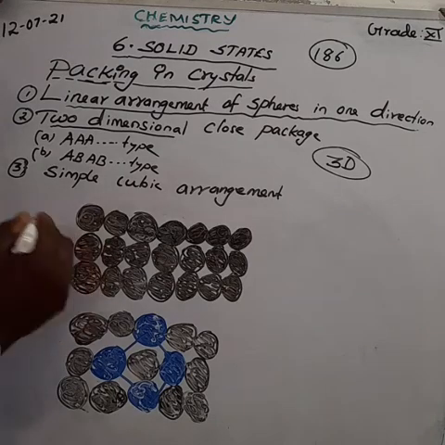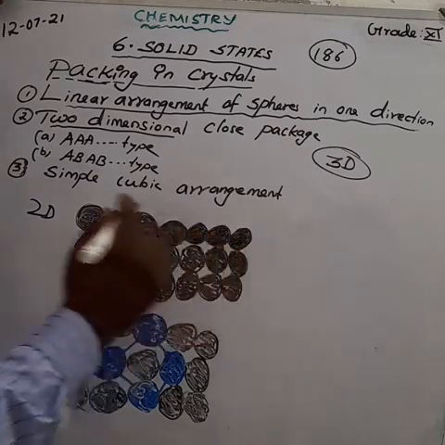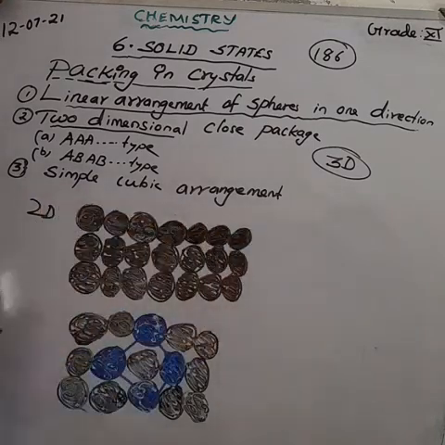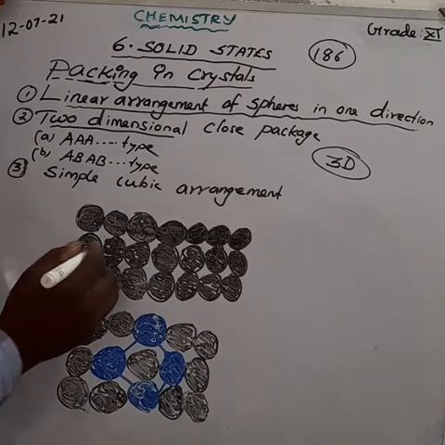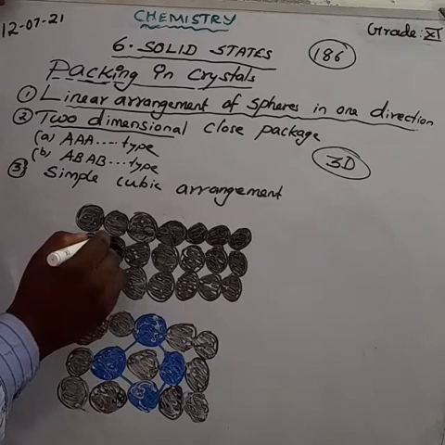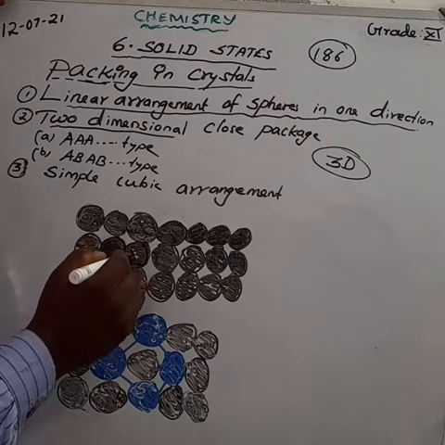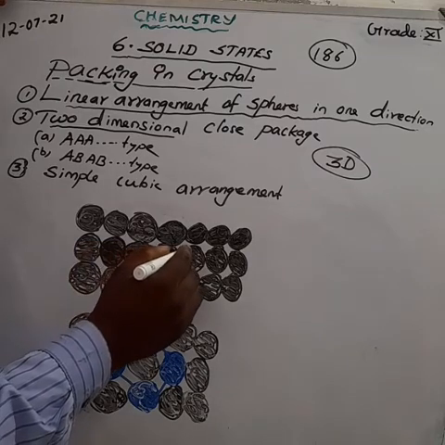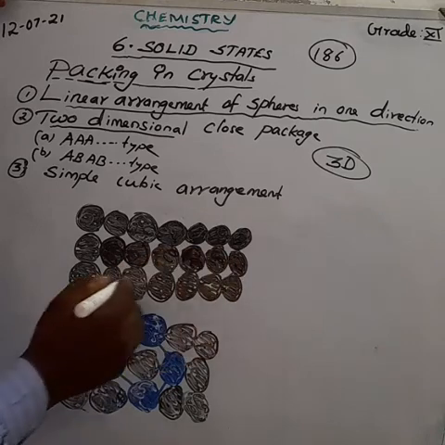So as I am taking this one, this sphere is in contact with 4 different spheres. That we can say, in contact with 4 of its neighbors. These are all identical spheres. So here each sphere is in contact with 4 of its neighbors.